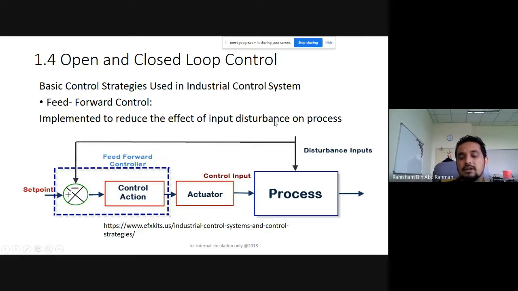But on the other side, we have a very good output and the quality is improved, but of course the implementation of feed-forward control requires additional devices, more sensors, more complexity, and hence that will increase cost.